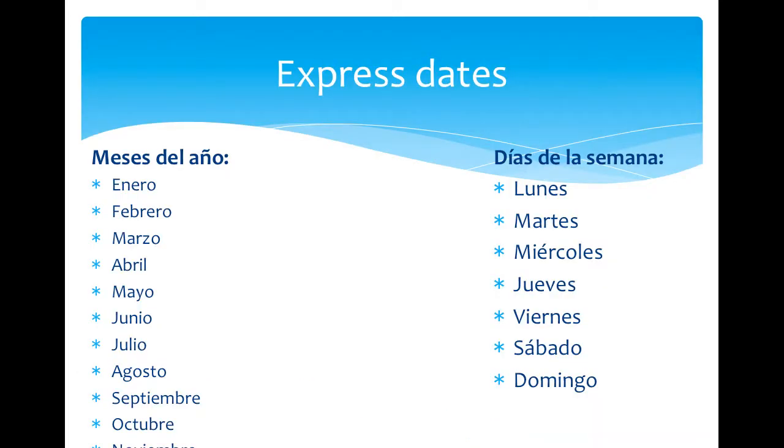On the next section here, we're talking about expressing dates in Spanish. On this very first section, we're looking at meses del año. So these are the months of the year. And we have enero, febrero, marzo, abril, mayo, junio, julio, agosto, septiembre, octubre, noviembre, diciembre.